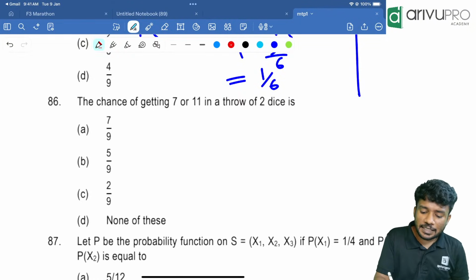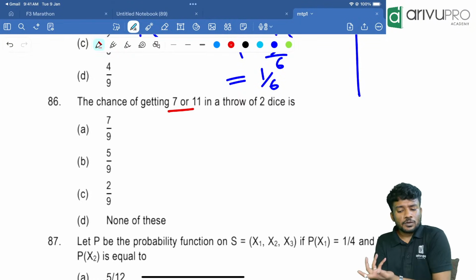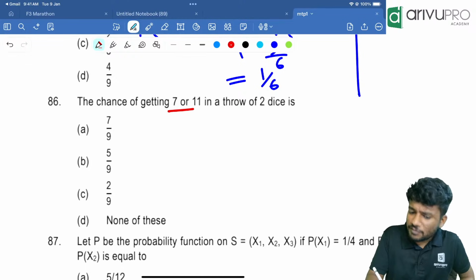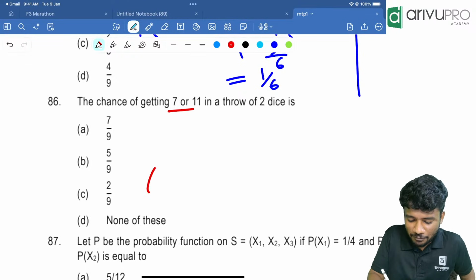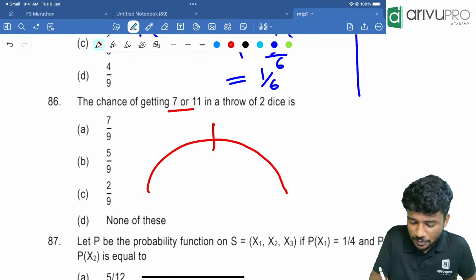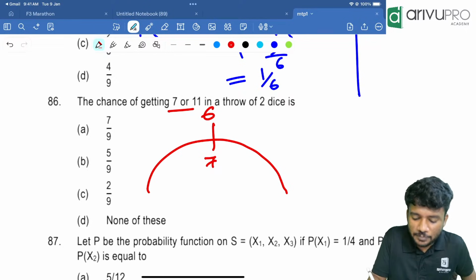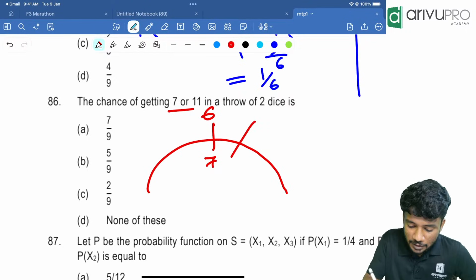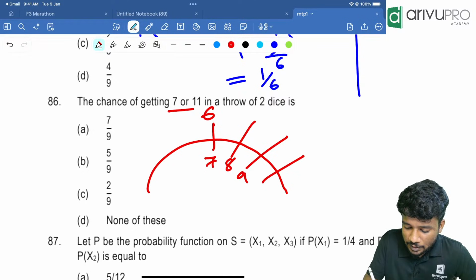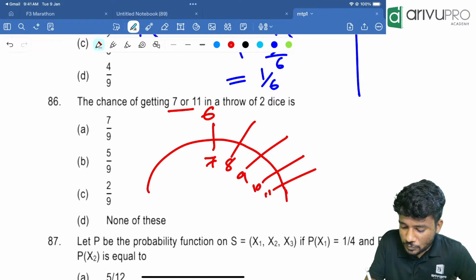The chance of getting 7 or 11 in a throw of 2 dice, we have discussed this with a shortcut itself. You remember the arc, in the middle 7 will be there. How many times is the sum 7 coming? 6 times. Then 8, 9, 10, 11, 12.